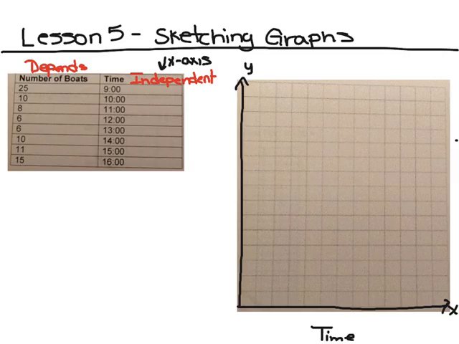And we need to choose a scale that is appropriate to the size. So scales that are good are 1, 2, 5, 10, 25, 100, 50 is good, 0.5 is good, 0.2 is good. So something in those ranges, because it looks better on the graph. So we're going to start with 9.